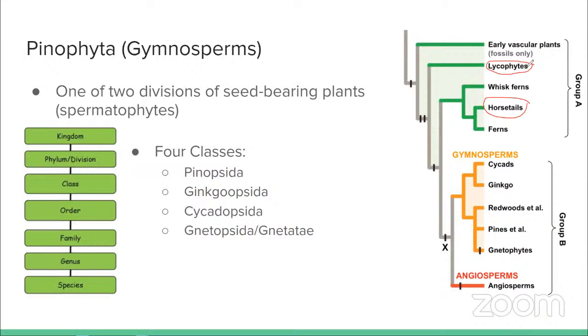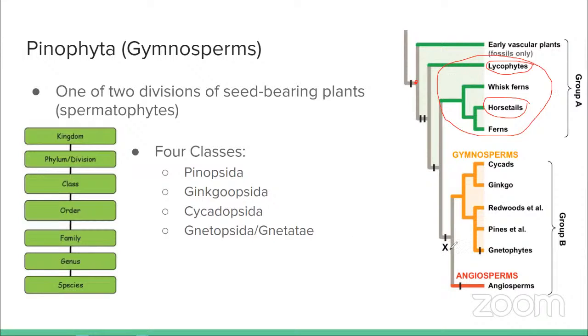So if we think about how these groups are related to each other, this is one idea, right? We first have our radiation of vascular plants. So we start to see xylem and phloem. Then we break off our ferns and fern allies over here, because they just have spores.